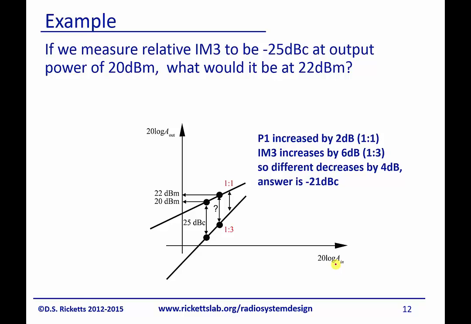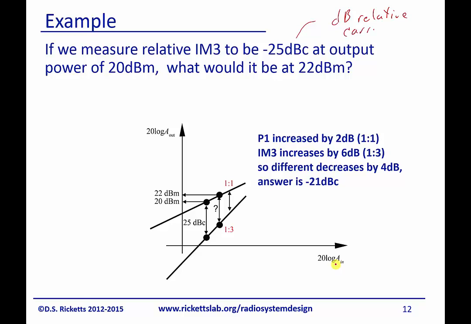Before we do that, let's just talk a little bit about how these two lines come close to one another. Let's take a look at the difference. So if we measure the relative IM3 to be minus 25 dBc, let's just look at that for a second. dBc, remember that's dB relative to the carrier.